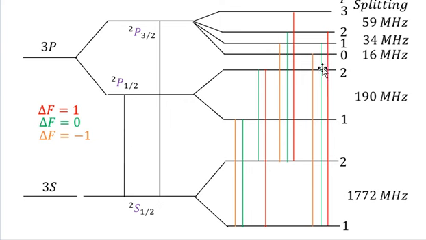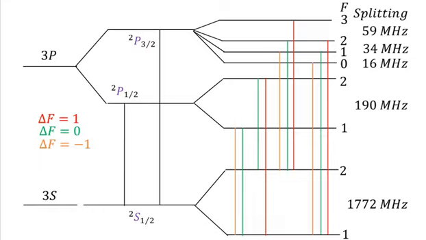The red lines follow delta F equal to 1. The green lines follow delta F equal to 0. And the light brown lines follow delta F equal to -1. So these transitions have been shown following delta F equal to 0, plus or minus 1 among the hyperfine splitting levels. And this splitting is for the sodium atom in its ground state.